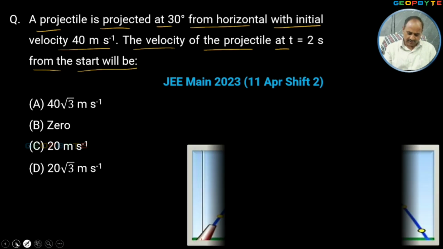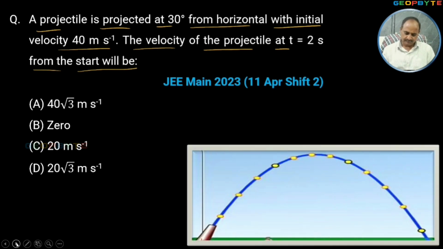For that, look at the projectile motion. Here, the projectile is projected with initial velocity u equal to 40 meter per second. Then what is the angle of projection theta?